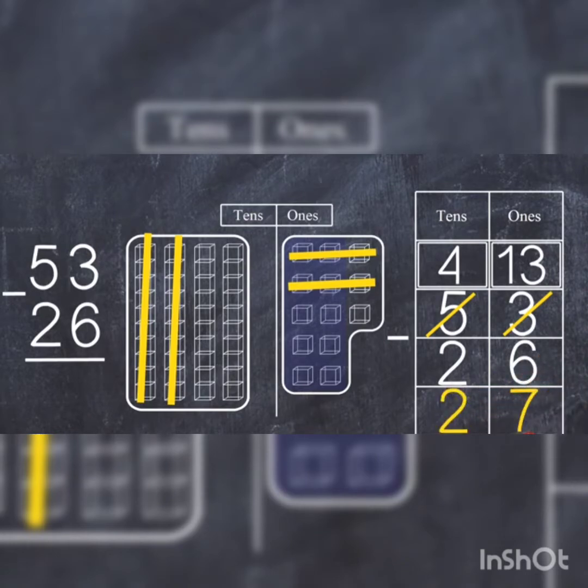So here the answer is 27. 53 minus 26 is equal to 27. Here we subtract the numbers with borrowing. Next we are going to discuss another example.